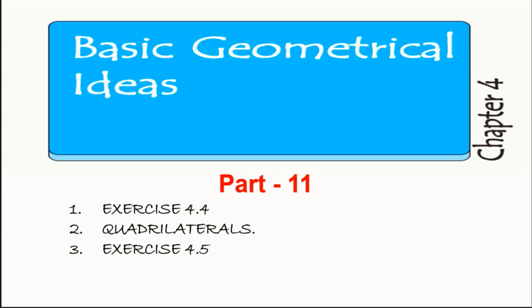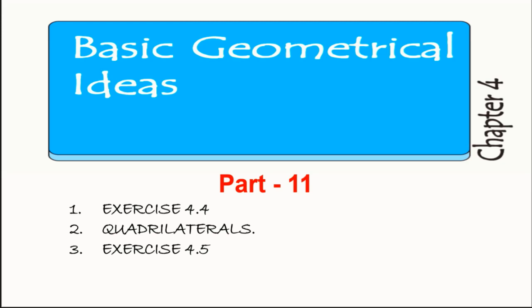Students, this is part 11 of the chapter Basic Geometrical Ideas. In this part 11, we will continue our learning about a triangle and solve questions based on the triangle, that is exercise 4.4.